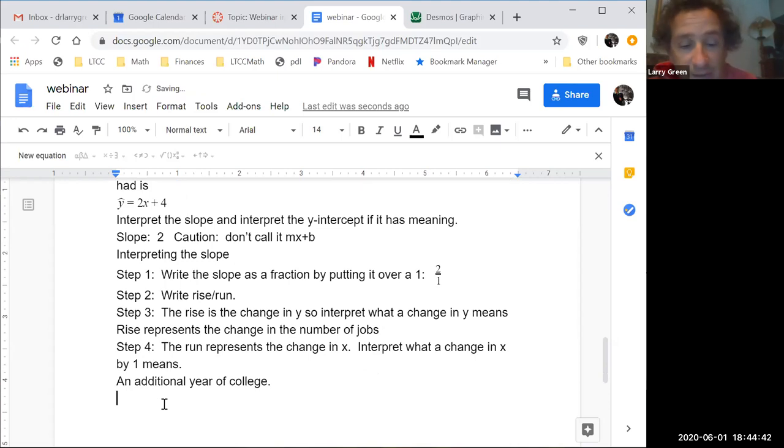And then finally, step 5, put 3 and 4 together.